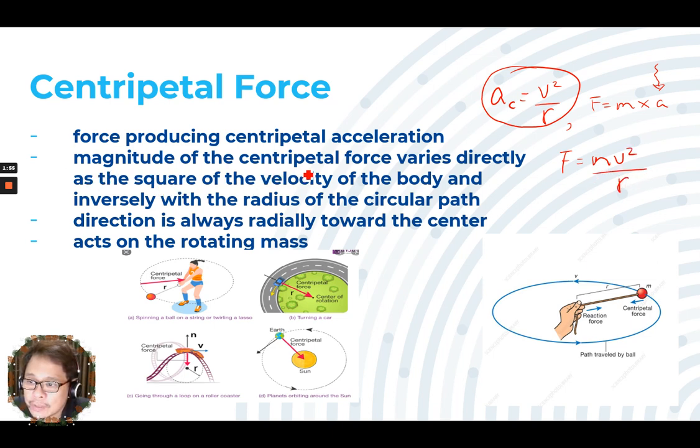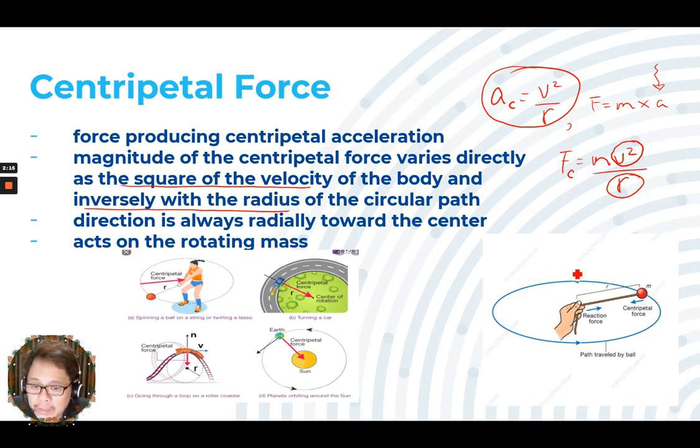The magnitude of the centripetal force, the F sub c, varies directly as the square of the velocity, so the velocity is squared, and inversely with the radius of the circular path.